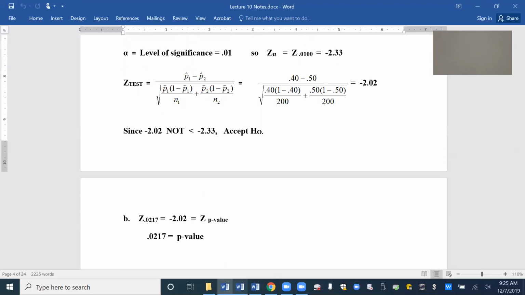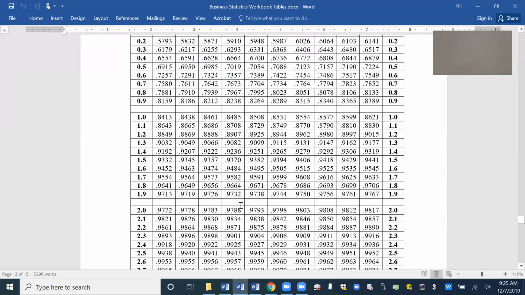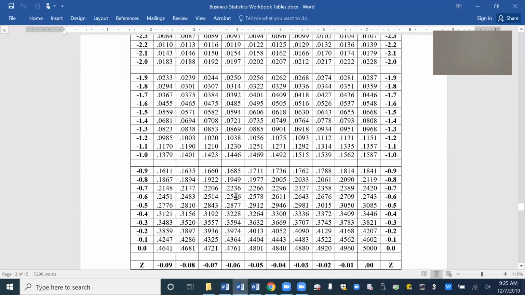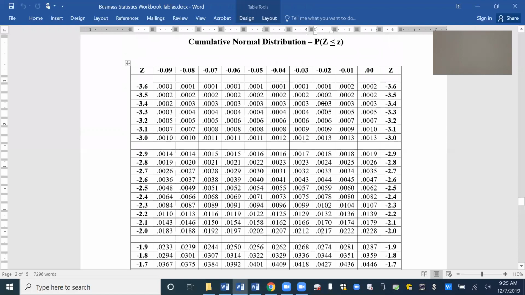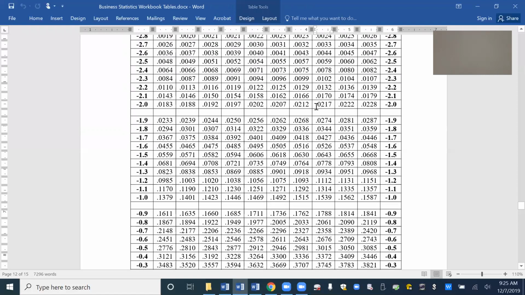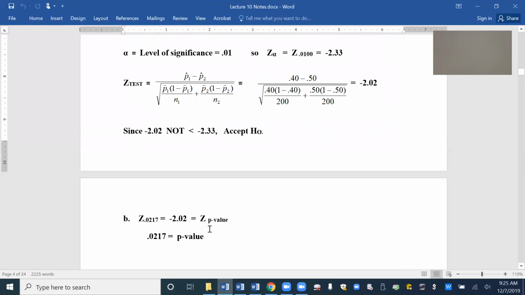We go look up minus 2.02, and we get 0.0217. So if I said, find me the 0.0217 percentile, you'd say, oh, it's minus 2.02 steps. So then you set these two little subscripts equal to each other, and the p-value is 0.0217.